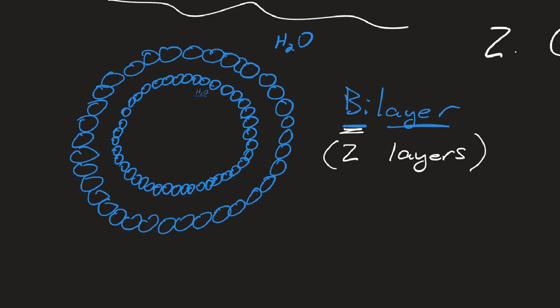What's in between these two sides? Hydrophobic. They don't like water. Now everybody's happy. The hydrophobic sides of the phospholipids get to hang out with the hydrophobic sides. The hydrophilic sides get to hang out with the hydrophilic sides. Now everybody's happy.